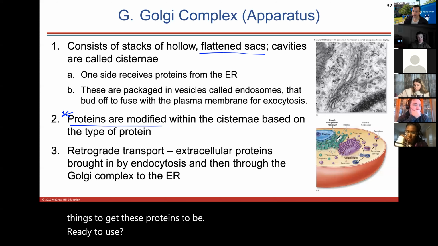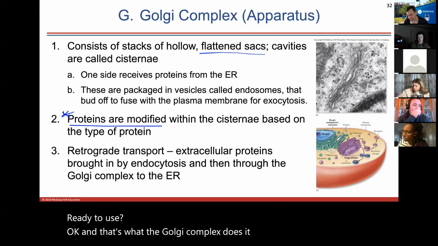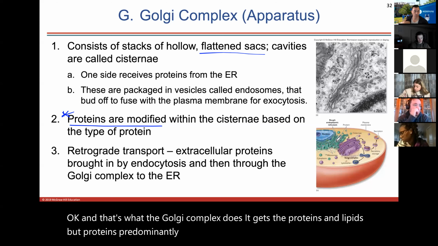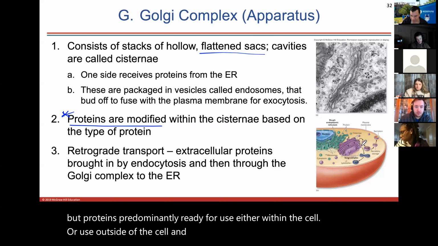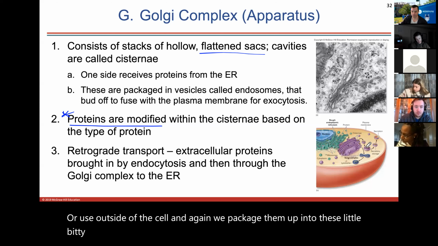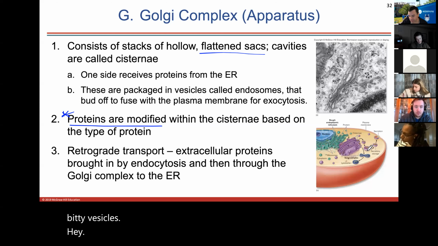And that's what the Golgi complex does. It gets the proteins and lipids, but proteins predominantly, ready for use, either within the cell or outside of the cell. And again, we package them up into these little bitty vesicles, and we can move them around.